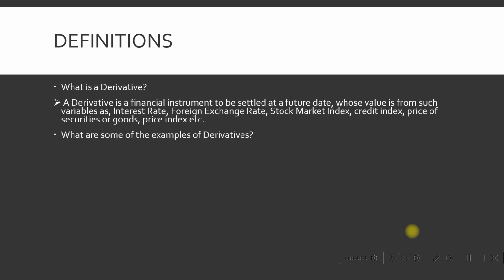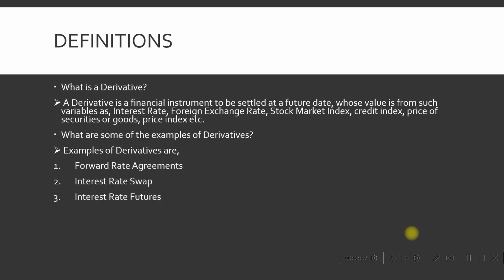Now let us see what are some of the examples of derivatives. So some of the well-known examples of derivatives are forward exchange rate, forward rate agreements, interest rate swap, interest rate futures, foreign exchange forward, currency swap, and currency option. So these are some of the examples of derivatives.